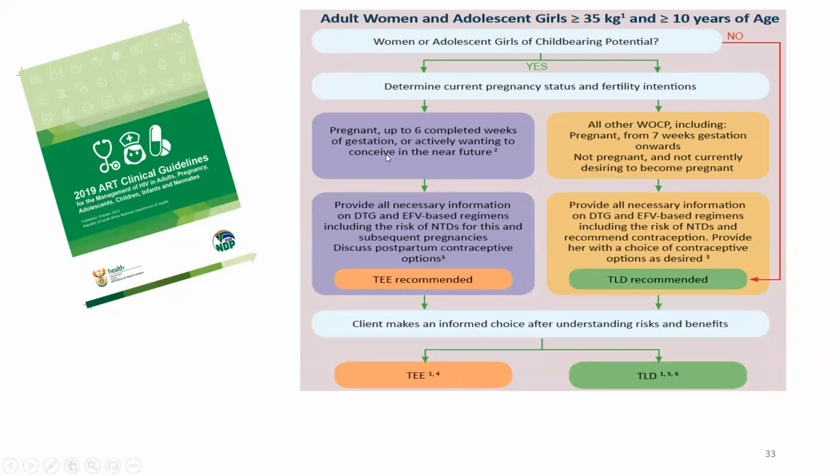And what was highlighted earlier was that if women are pregnant, they have to start DTG from a gestation of 6 weeks to qualify for dolutegravir. So if they were 6 weeks or less, you would recommend TEE because of the effect of neural tube defect. Whereas if they were above 6 weeks, meaning 7 weeks and onwards, these women could qualify for TLD.